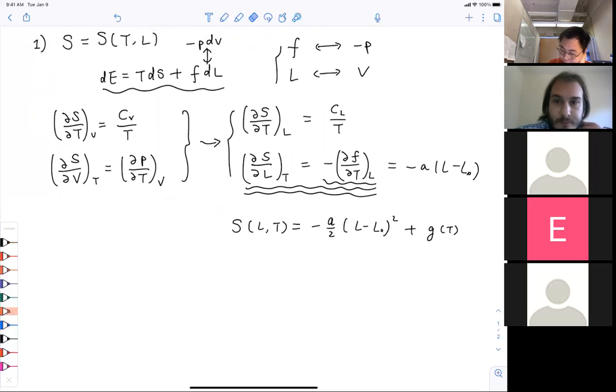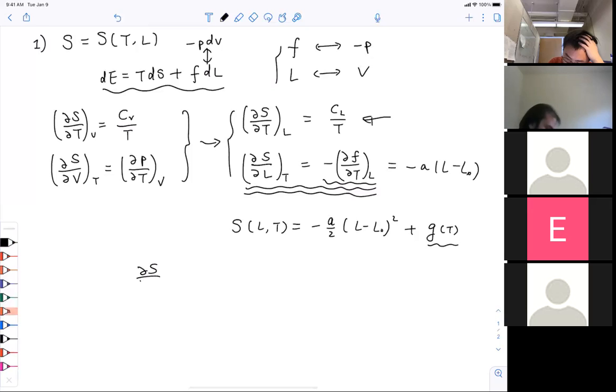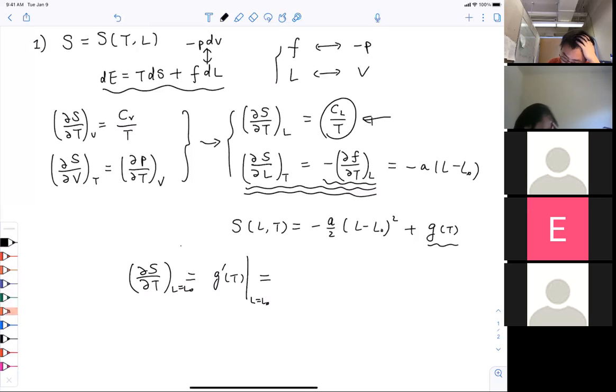To determine this function g, we plug into the first equation and take a partial derivative with respect to T. We get g prime equal to the right-hand side. By the way, we set L equal to L naught, because this is independent of L, so it doesn't matter. And the right-hand side is B naught divided by T.